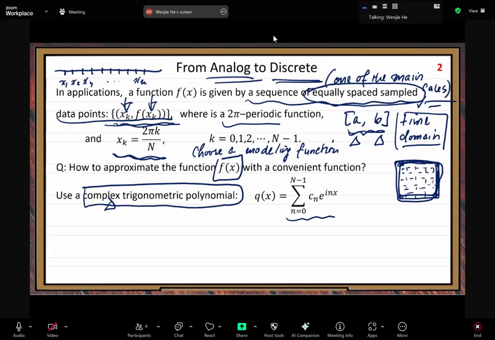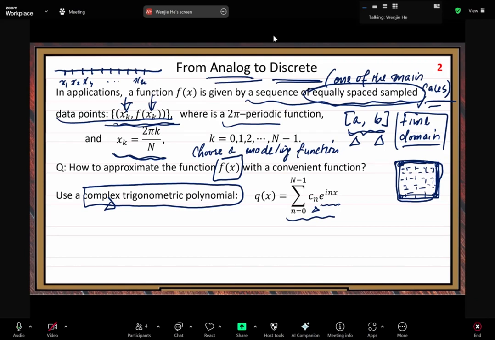The C coefficients, and the basis functions. Because when you represent this function, you need to use a set of basis functions. So these e to the i n x functions we use as the basis functions.